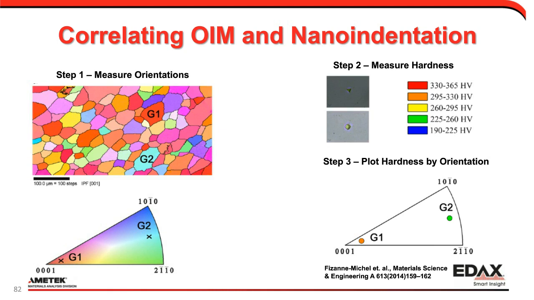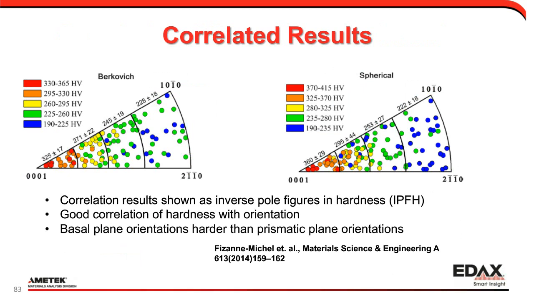Now we can plot hardness by orientation, and we do this for a number of grains and different indenter types, and we can start to see good correlation of the hardness measurements with the crystallographic orientation, as we'd expect. The basal plane orientations in this case are harder than prismatic plane orientations, which I think also generally makes sense.